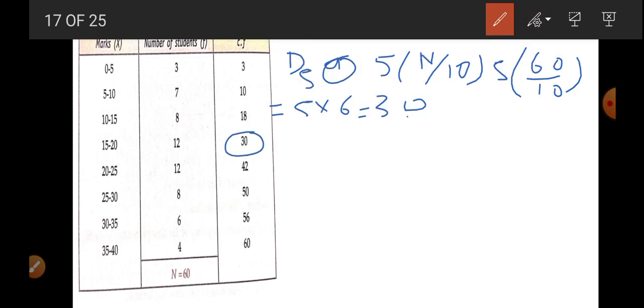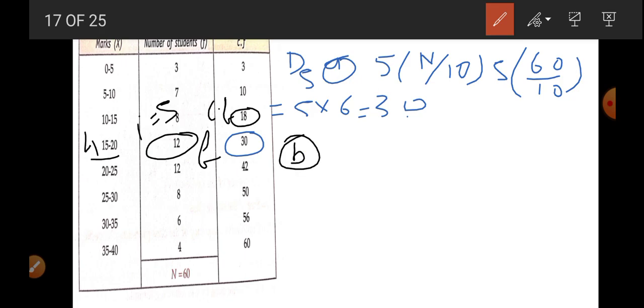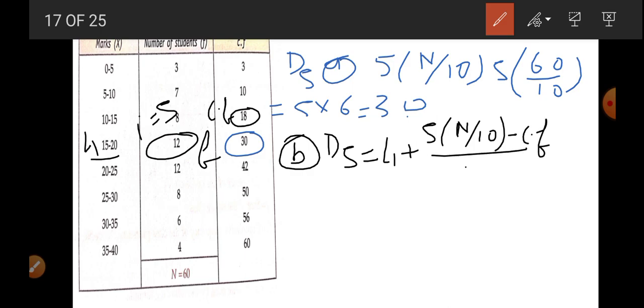So it will be your CF, 12 will be F, L1 will be 15 and I is going to be 5. Now we write the equation: D5 is equal to L1 plus 5n upon 10 minus CF upon F multiplied by I.